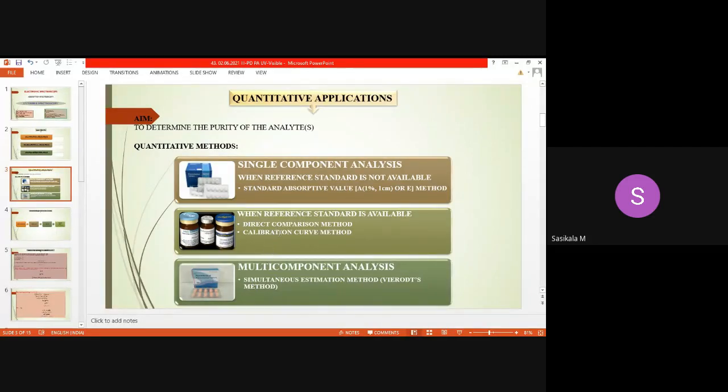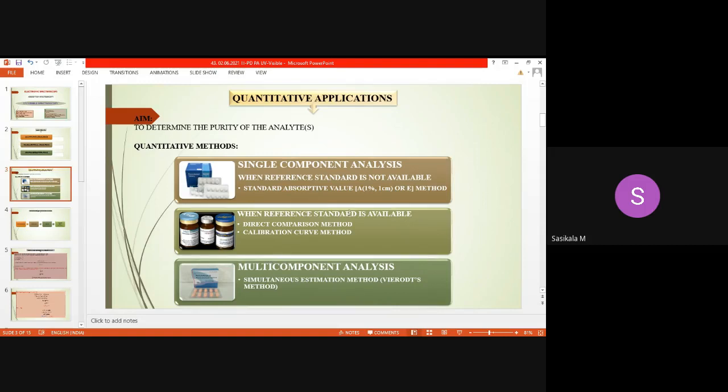So, calibration curve means plotting a standard curve, taking absorbance on the y-axis and concentration on the x-axis, and where the sample absorbance lies on the linear curve, that is taken as the unknown concentration of the sample. From the concentration, based on the dilutions, we get the amount and purity of the sample.